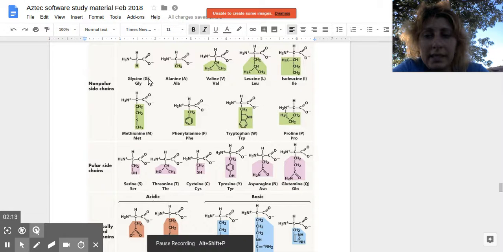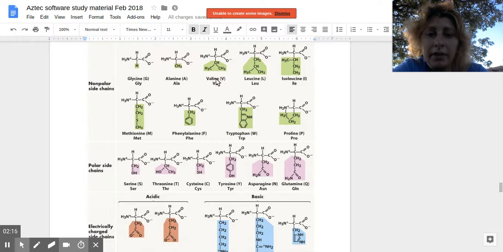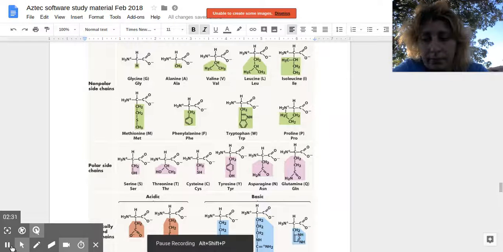So glycine, alanine, valine, leucine, isoleucine, methionine, phenylalanine, tryptophan, proline, serine, threonine, cysteine, tyrosine, asparagine, and glutamine.